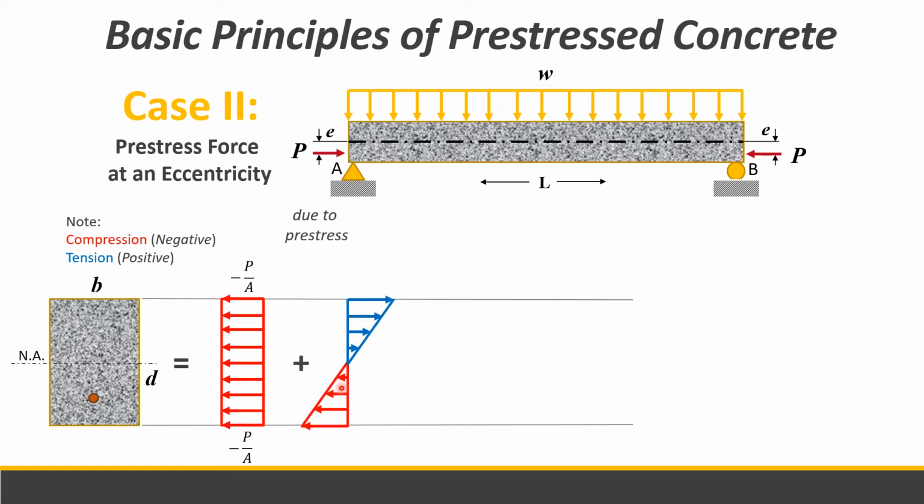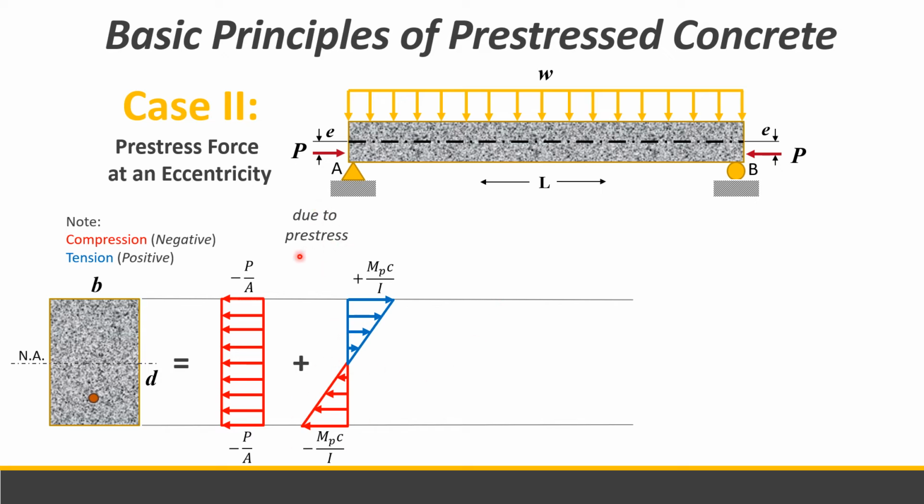And then we have bending stress. Since P is at an eccentricity, its effect, if you remember from our first module, is that once the tendon is released, it induces force P, and the beam will curve upward. Meaning at the top there is tension, and at the bottom there is compression.